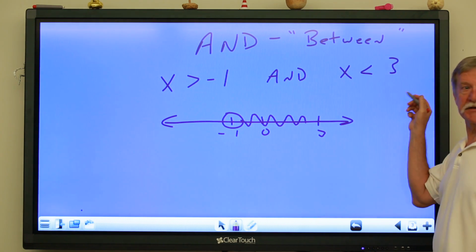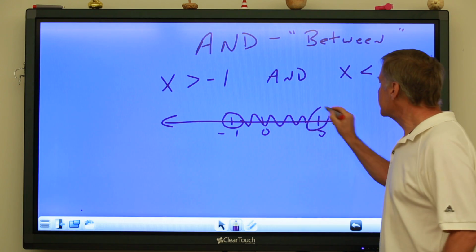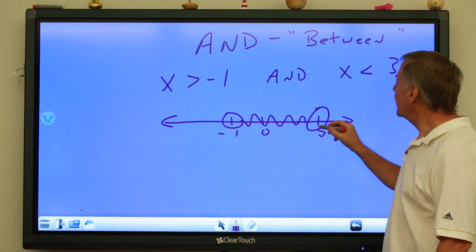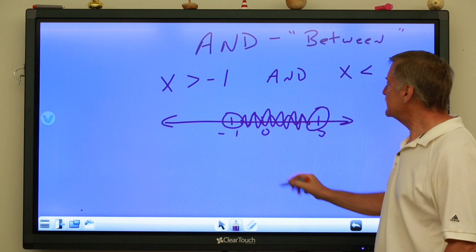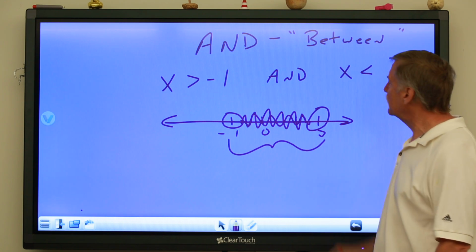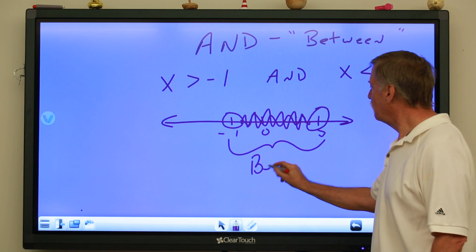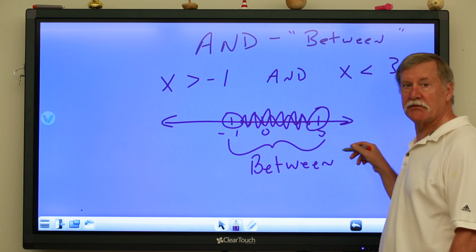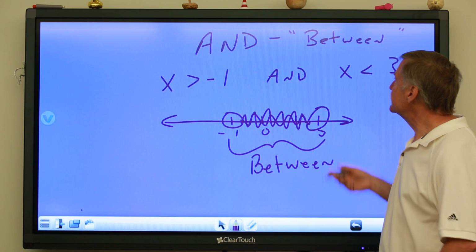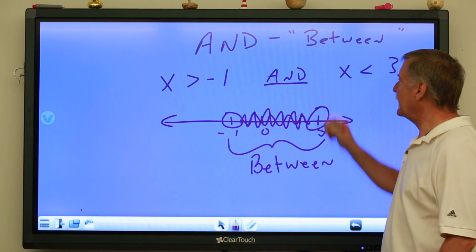So if I look at x is less than 3, open circle, less than, and going in this direction here, I see that all we're talking about is everything that is between -1 and 3. All right? This is the idea of the word "and".